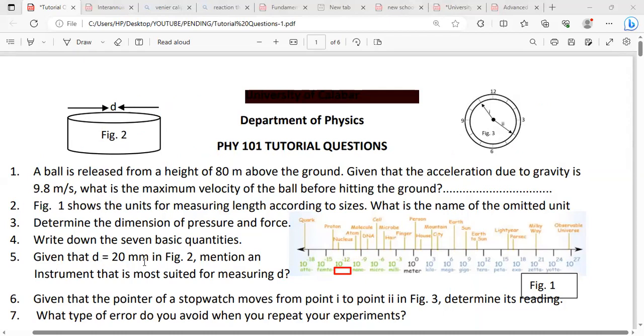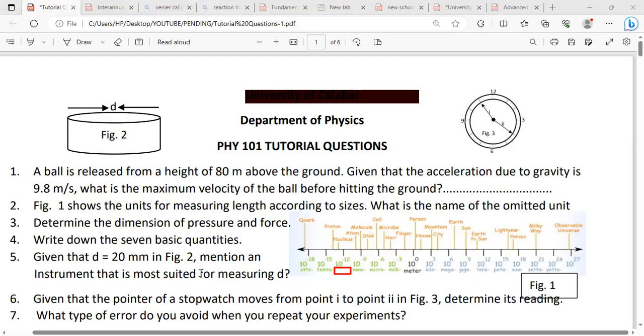Given that D equals 20 millimeter, which is a small value, mention an instrument that is most suited for measuring D.